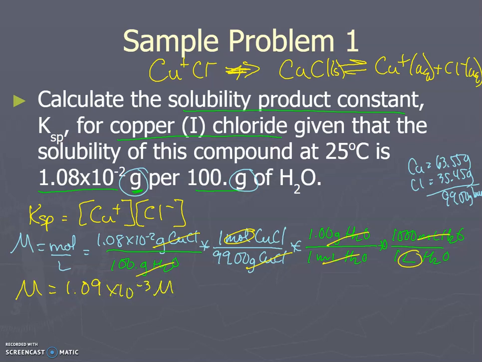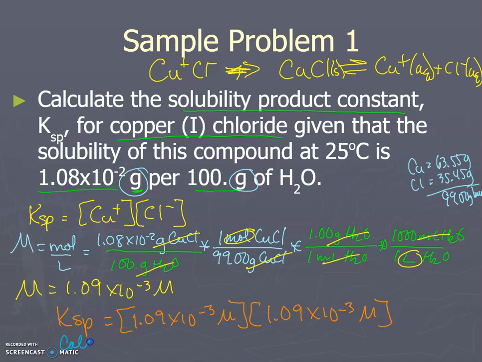So what's my KSP value going to be? KSP is equal to the concentration of 1.09 times 10 to the negative third molar times the concentration of 1.09 times 10 to the negative third molar. Don't forget how to put it in the calculator.